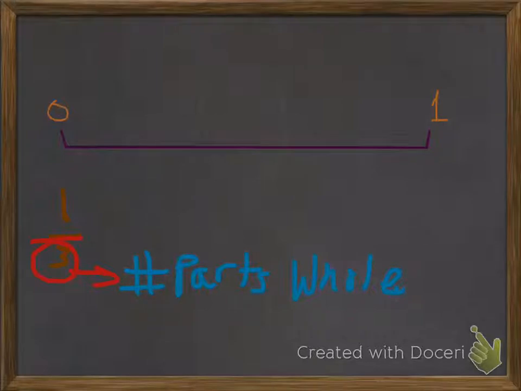So there's a 3. You should have 3 different sections on the line, not drawn to scale.